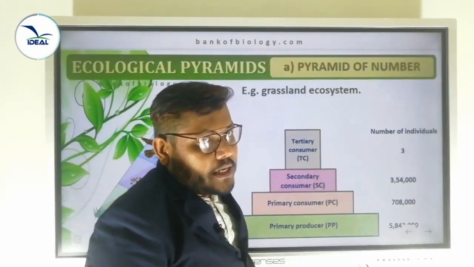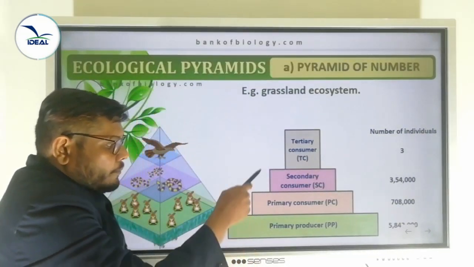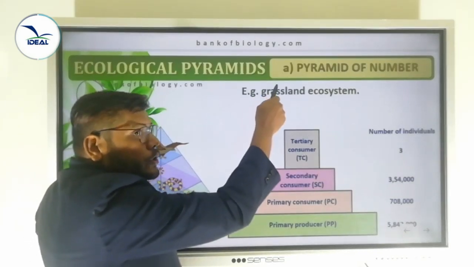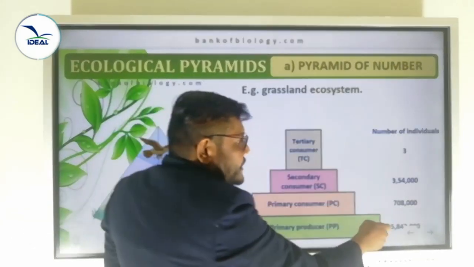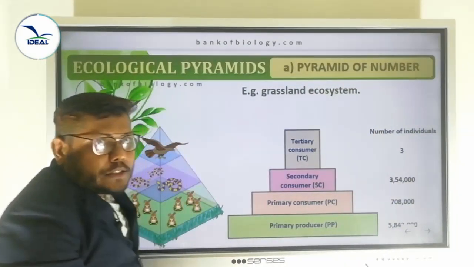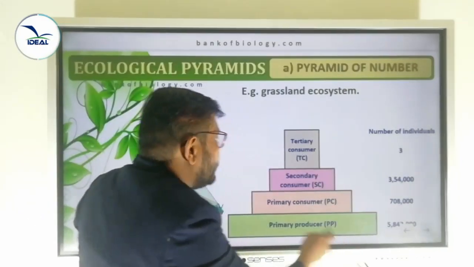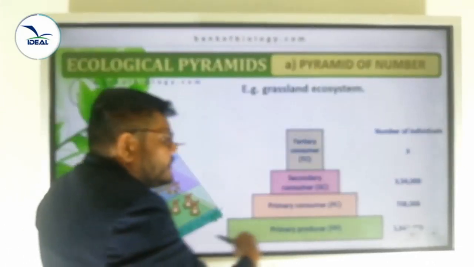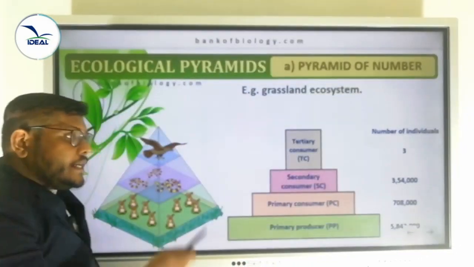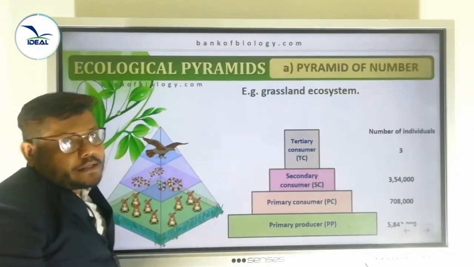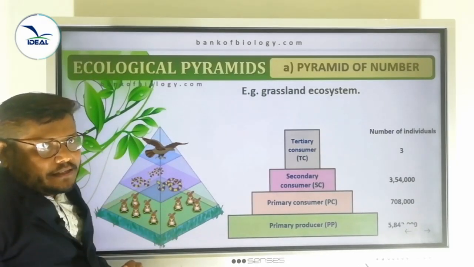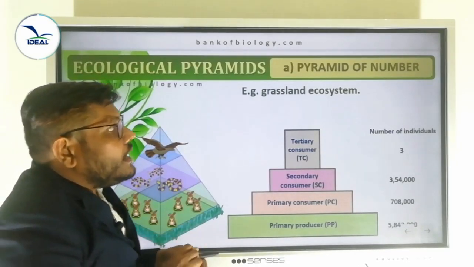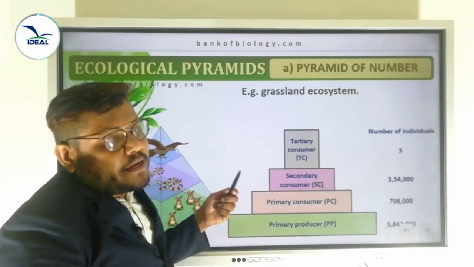So from producer to top carnivore there is a decrease in the number of individuals. This pyramid is upright, meaning the basal part is broader than the top part. So this is the pyramid of number.